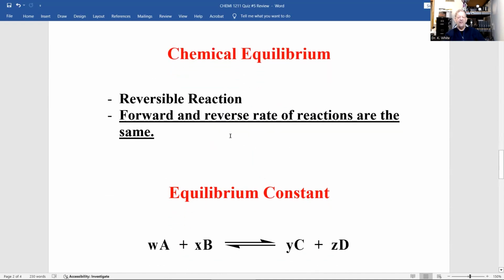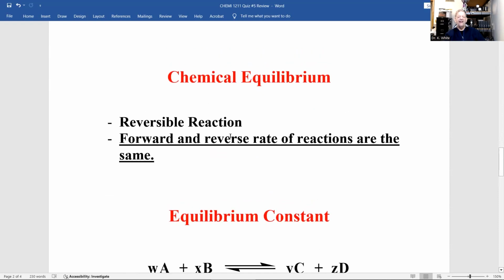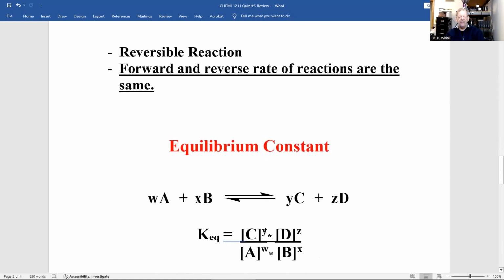Now, next I talked about chemical equilibrium. And that's two reactions that happen at the same time in opposite directions. And we show that by these double arrows.